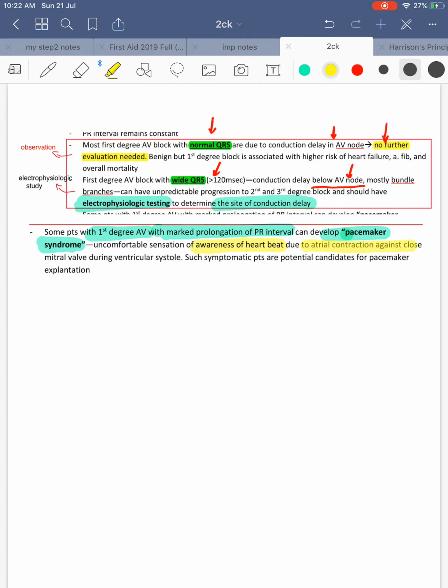Due to atrial contraction against a closed mitral valve during ventricular systole. As the ventricles are contracting, the atrial contraction against a closed mitral valve creates an uncomfortable sensation of awareness of the heartbeat. Such symptomatic patients are potential candidates for pacemaker implantation.